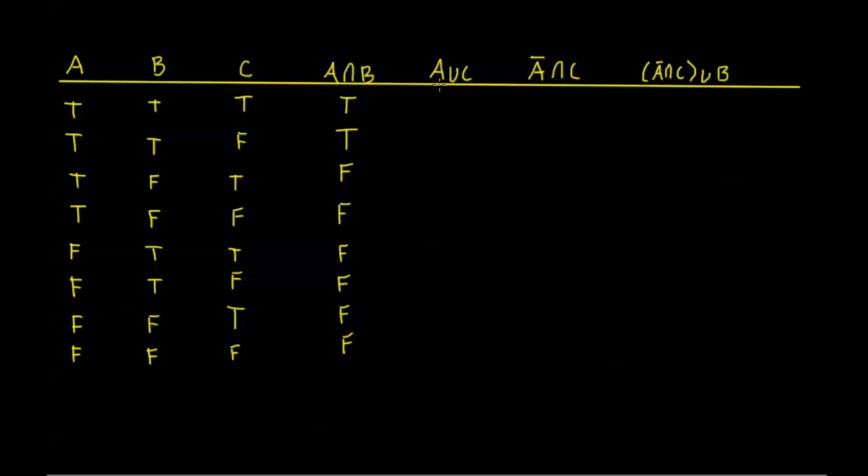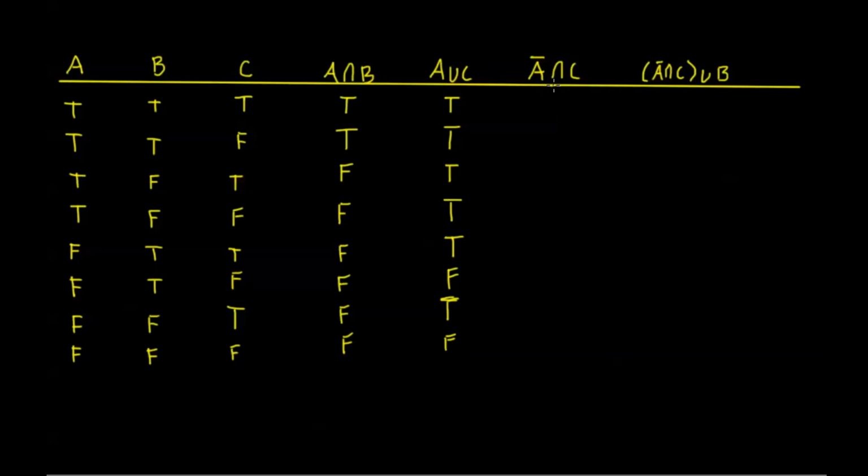Now A union C is true if A is true or if C is true. So these first 4 are going to be true because A is true in the first 4 rows. And then after that we're just looking at C because A is going to be false. So it's going to be true, false, true, false.